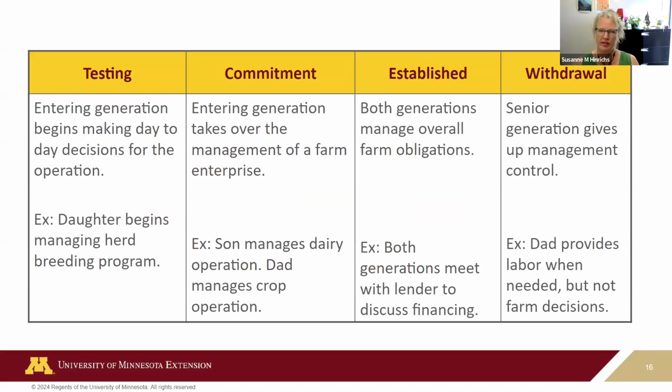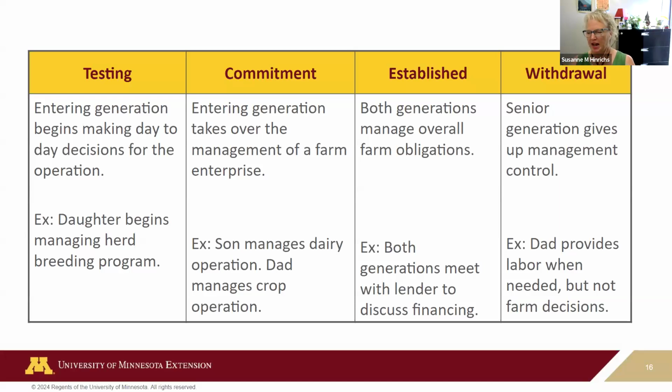Start with the day-to-day decisions. Have that next generation begin, maybe in this example, they manage the herd, the breeding program, making sure that she's paying attention to genetics and really focusing on that breeding program. That would be the day-to-day decisions that she's in charge of.